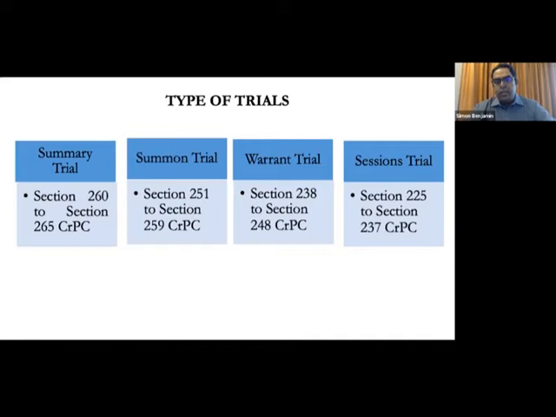This is why, as Professor Sandeep Suresh had explained to us, when on completion of investigation a police report is filed under Section 173, that report, which is normally to be filed before the court of a magistrate for the magistrate court to take cognizance and issue summons, would be filed before a session judge who's now operating as a special judge, since you're looking at that person as a magistrate.